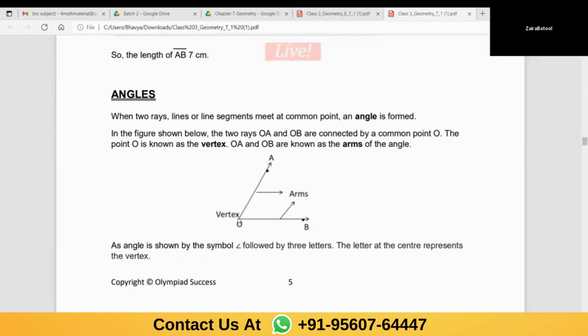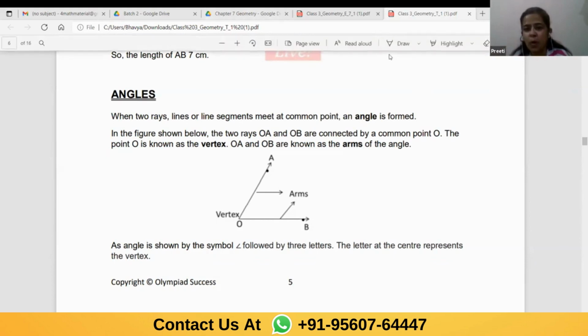Okay, now suppose these are the two rays with me and I place them like this. So for this ray, this is the starting point, and for this ray, this is the starting point. So both these starting points meet and they create this vertex.